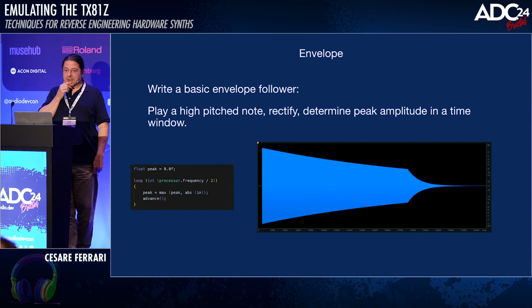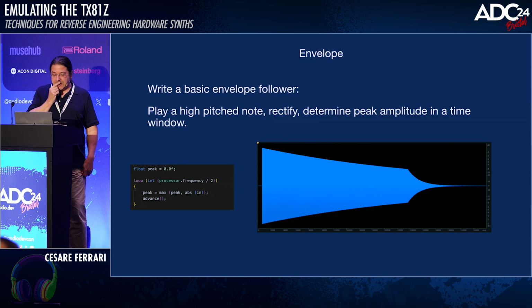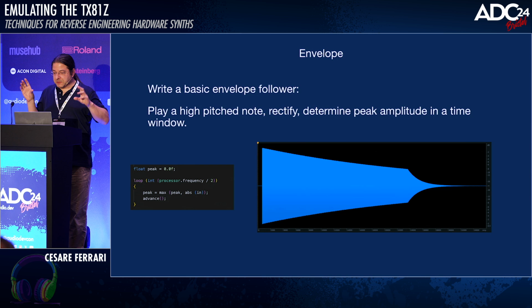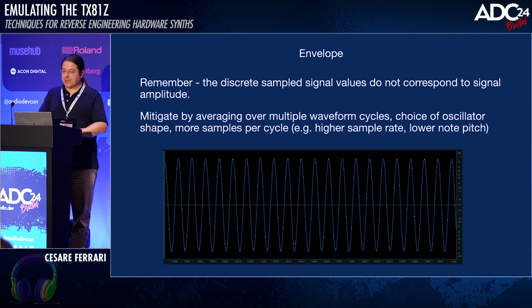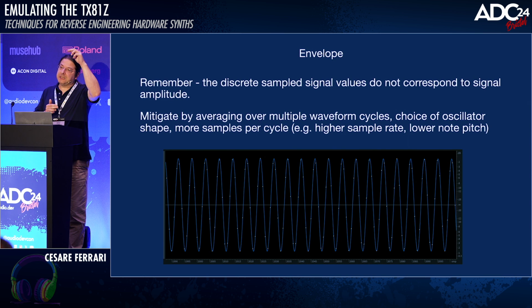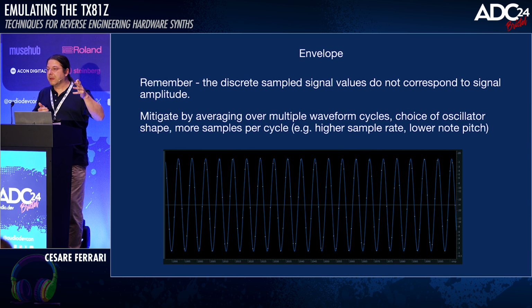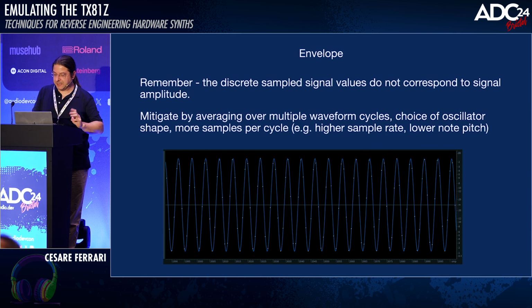In this case, play a sensible long note and measure the peak time, like basically analyze the signals millisecond by millisecond and get an idea of where the curve is. There's an issue here where if you've got a high frequency, you're not going to see the peaks. You've got to be a little bit careful because obviously the continuous waveform doesn't go through the peaks. It goes potentially higher than the peaks.